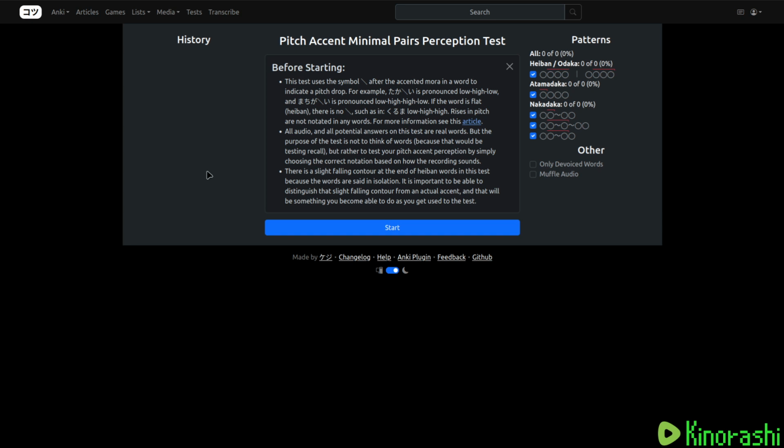So for those forms mentioned, plain, plain negative, past, te, potential, passive, causative, it follows the pronunciation pattern of the word it came from. But for these, the following heiban verb forms do not follow the heiban pattern, and these forms do not have the same pattern as in non-heiban verbs. Okay, so past negative.